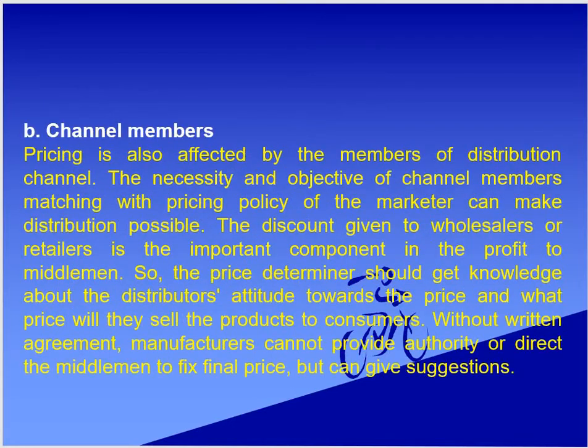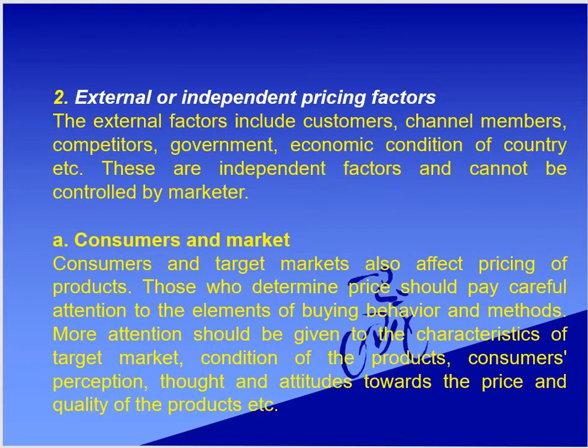If you go to the next slide, slide number 50, it is point two, external or independent pricing factors. The external factors include customers, channel members, competitors, government, economic condition of the country, etc. These are independent factors that cannot be controlled by the marketer.